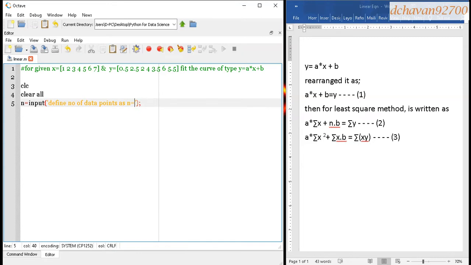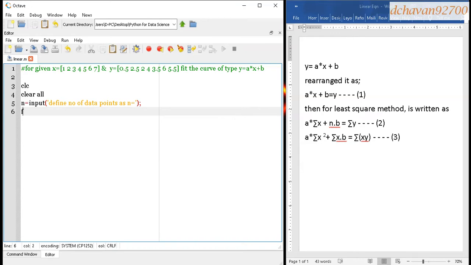This is what is going to be displayed in the command window. Whatever we want to display in the command window, we can write the same way. The next task is to define the values of x and the values of y.